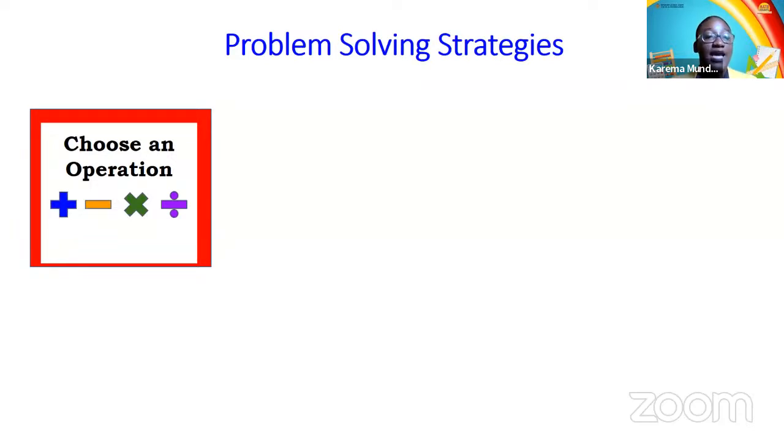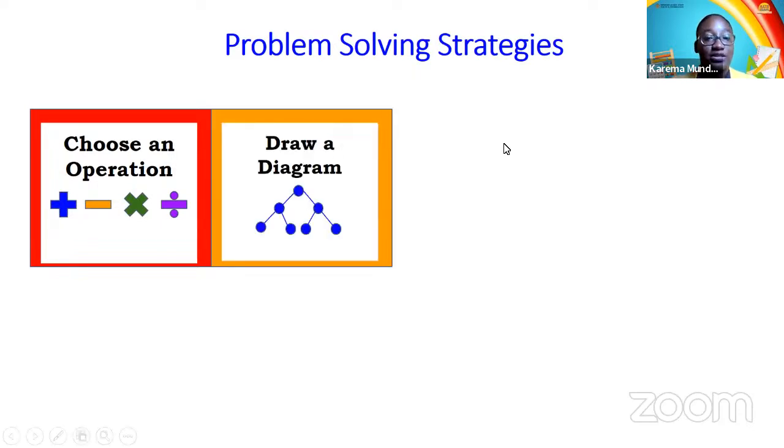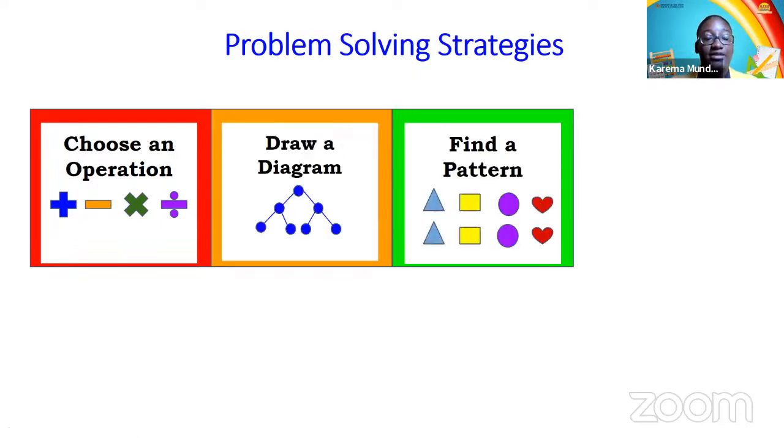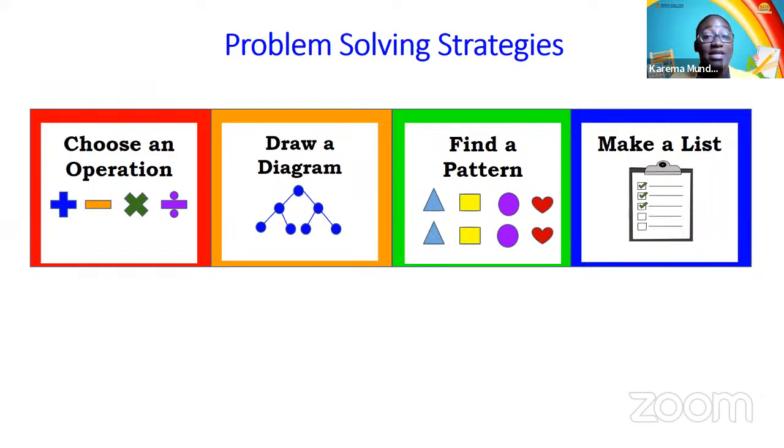There are other times that you may need to find a pattern. And let me tell you something, boys and girls, in math, a lot of patterns will come out. All right. Sometimes, in order to see a pattern, you may actually have to use a diagram in order to see what pattern is coming out. All right. And another time, you may actually end up making a table. That one will come up later on.